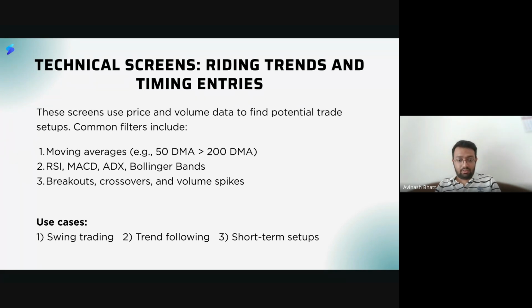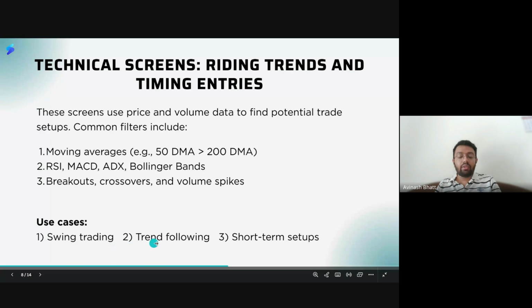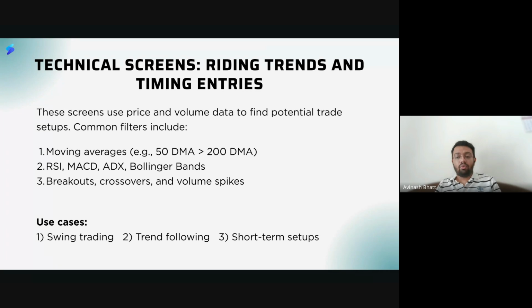So this type of stock screen will be primarily useful for those who are into swing trading, trend following setups. If you are into short term setups, so if you are doing intraday trading, then primarily you will be focusing on technical screens, right?